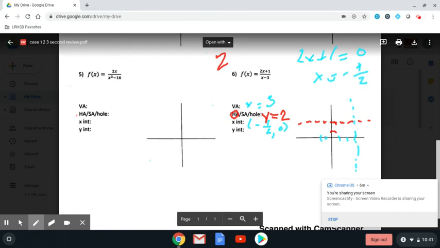All right, the last thing we have to find is our y-intercept. For our y-intercept, we always plug in a 0 everywhere we see an x. So if I plug in a 0, I end up with 2 times 0 plus 1, all over 0 minus 3. We know 2 times 0 just cancels out, so you're left with a 1 up top. 0 minus 3 on the bottom just stays a negative 3.